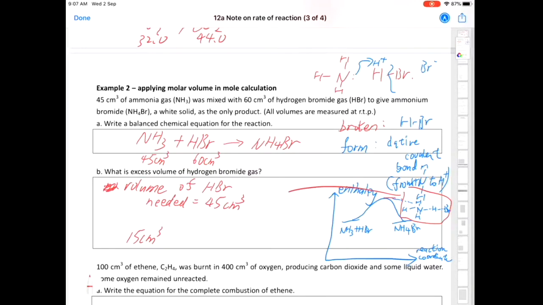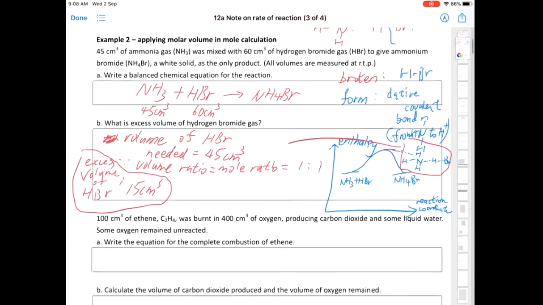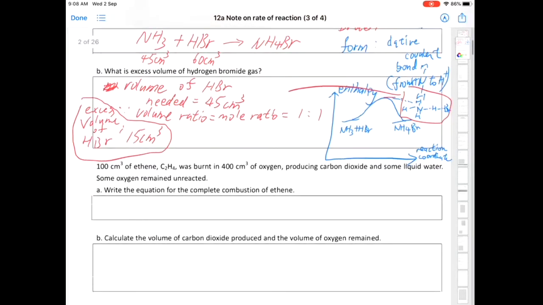So if you have 45 cm cube of MX3, then of course 45 cm cube of HBr is used. The mole calculation is done in between, but because the mole ratio equals the volume ratio, you can just take the volume ratio directly. That is the fastest way to do this question.